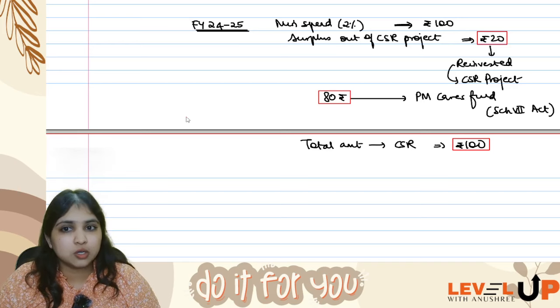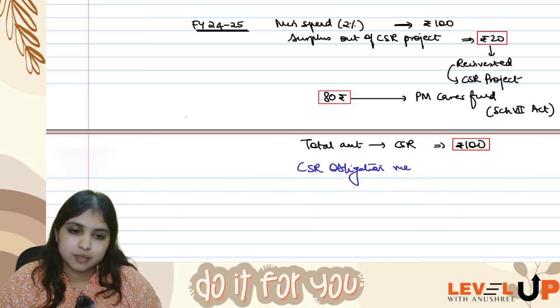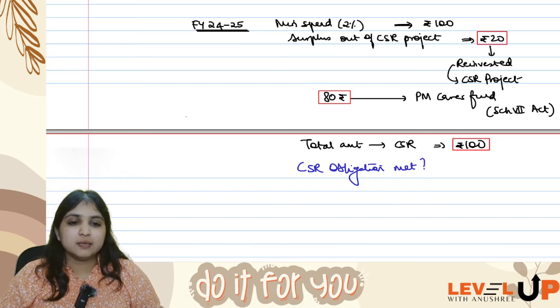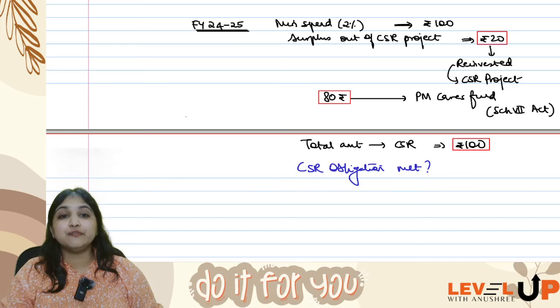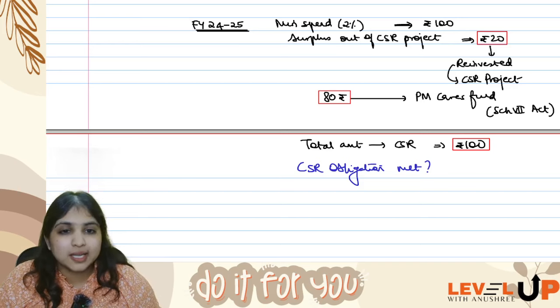Now my question to you is, is the CSR obligation under section 135 met by the company? Can you say that the company has properly fulfilled its CSR obligation? Is there a non-compliance? Yes or no?